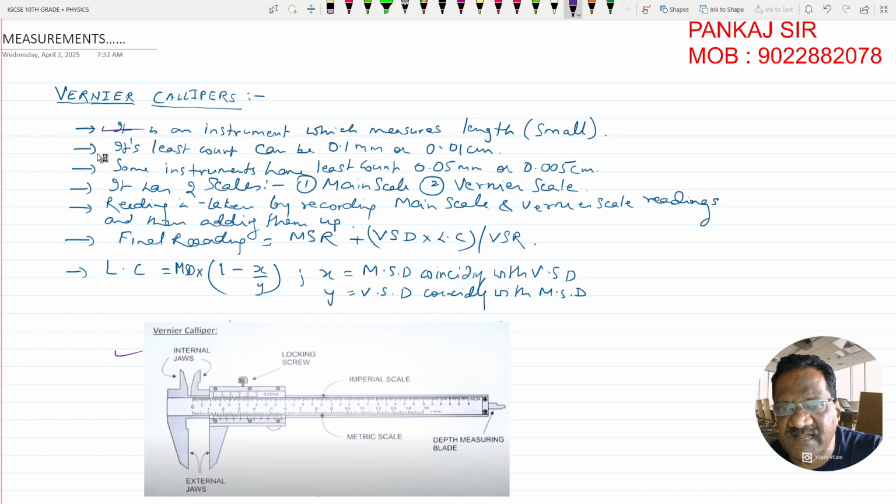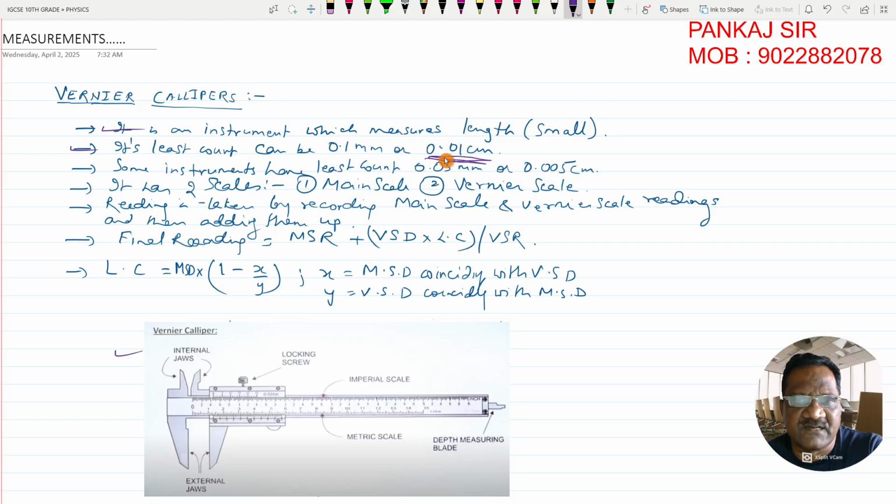Second, a vernier caliper is an instrument which has a least count, and its least count can be around 0.1 millimeter or say 0.01 centimeter. Now, this least count is a very important concept of a vernier caliper. The least count can be 0.1 millimeter or 0.01 centimeter, or there are instruments which have a least count slightly different as well, so 0.05 maybe.